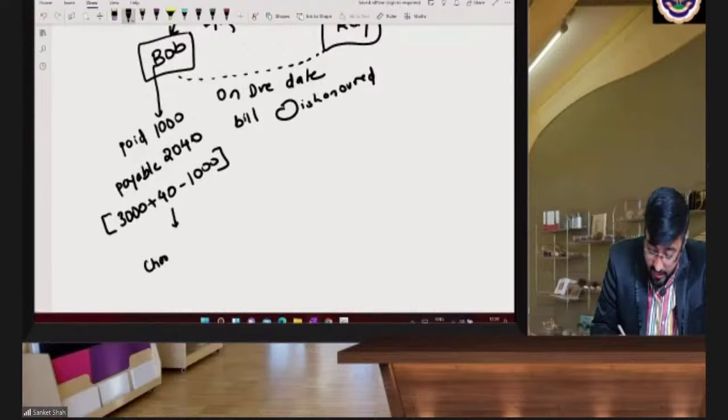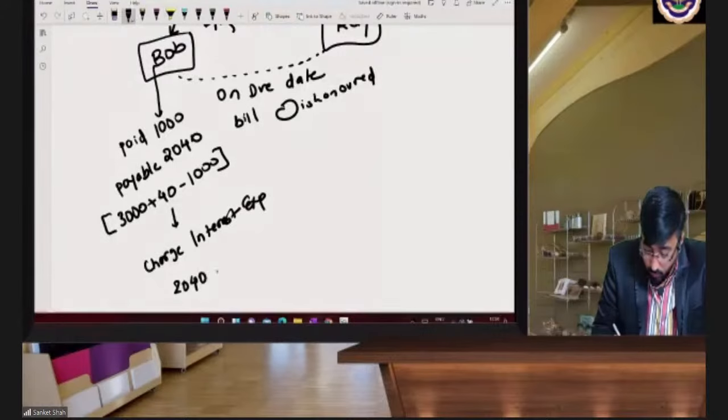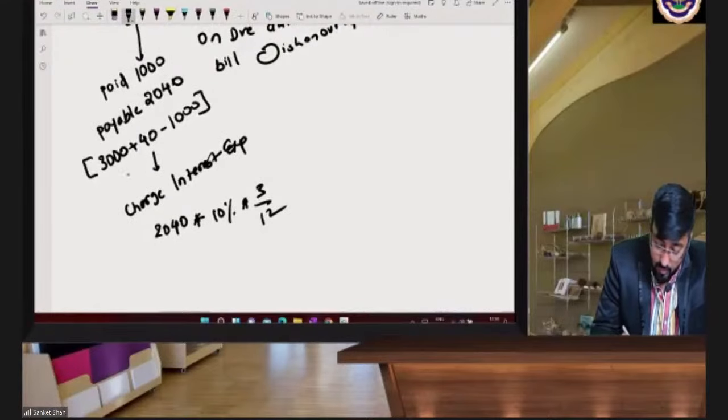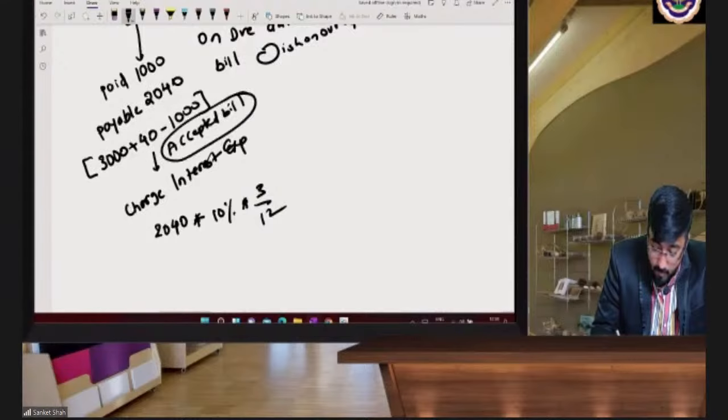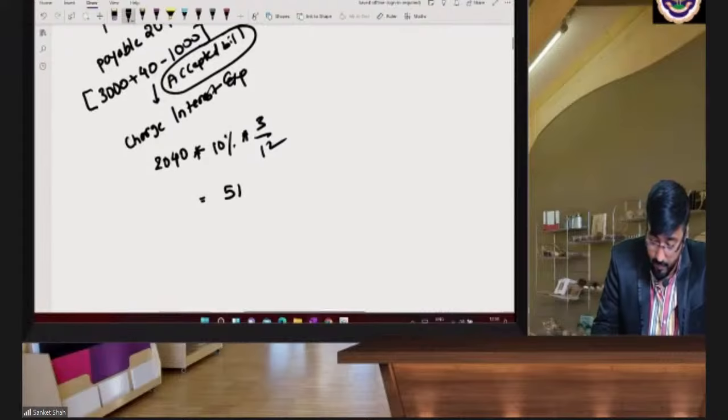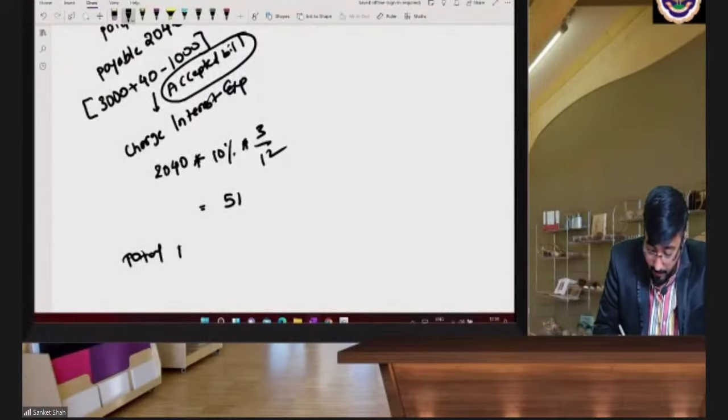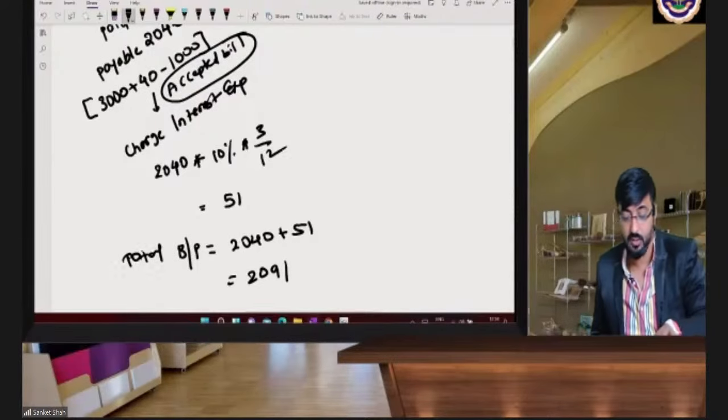So charge interest, this is our expenditure. 2040 into 10% into 3 by 12. Payable means accepted bill. So he charged interest of rupees 51. So total bills payable is 2040 plus 51, 2091.